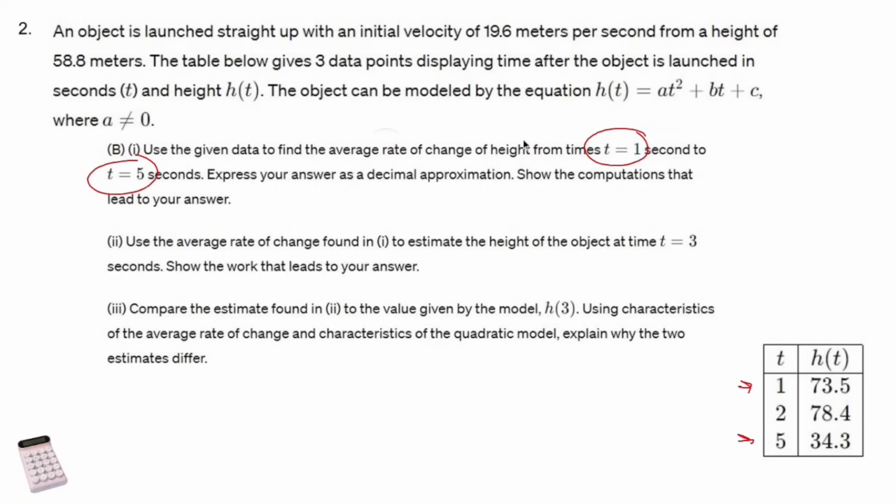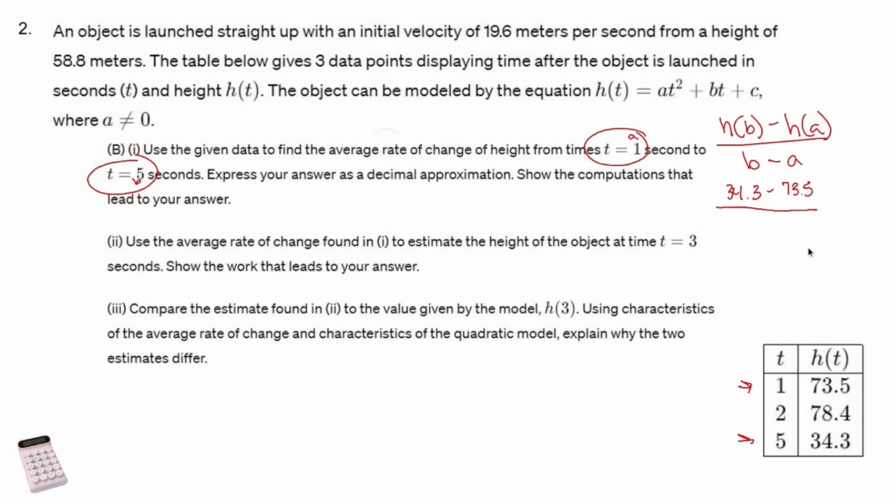So the average rate of change is given to you by the formula h of b minus h of a over b minus a. You would be my a, you would be my b. So h of b would be the same as h of 5, which is 34.3. H of a would be the same as h of 1, which is 73.5.